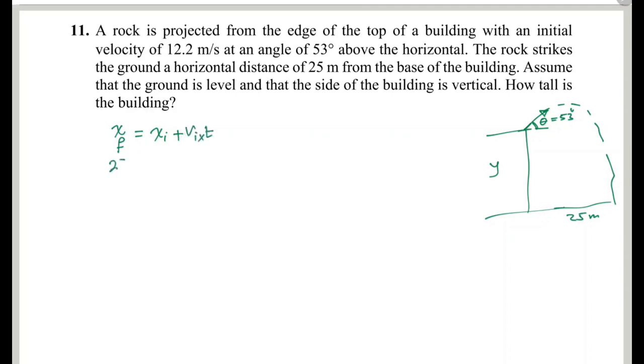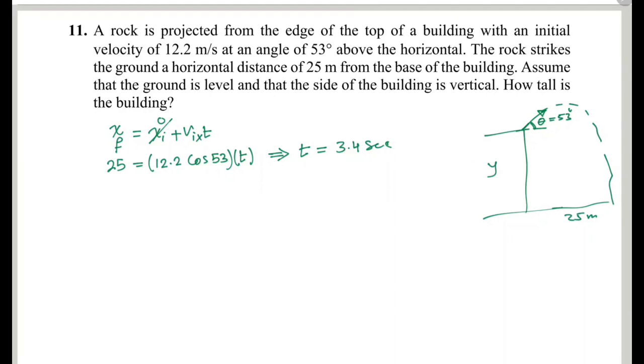Now x final is 25 meters equal to x initial, assuming this is the origin here, 0, and v initial x is the x component of this velocity, so 12.2 cosine 53, this one here, times the time t. You solve this, you will find t equal to 3.4 seconds. Now you substitute this time back in the y equations to get the height of the building.